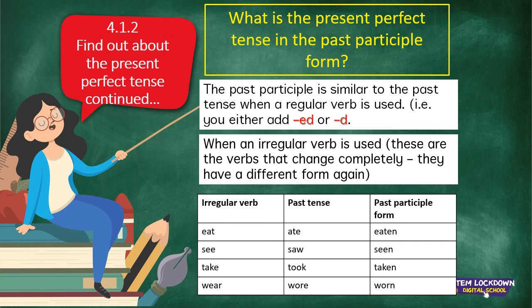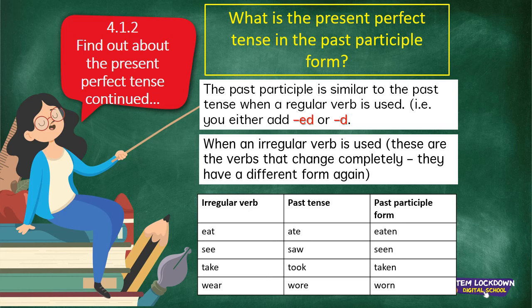So eat in the past tense is ate, but in the past participle form it's eaten. He has eaten his food. See in the past tense was saw, but in the past participle form it's seen. He has seen the movie before.